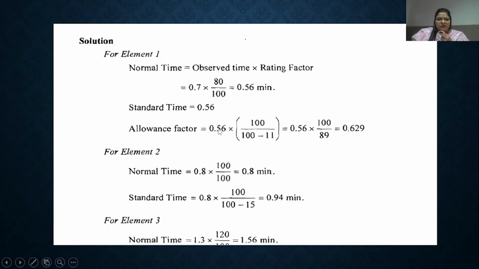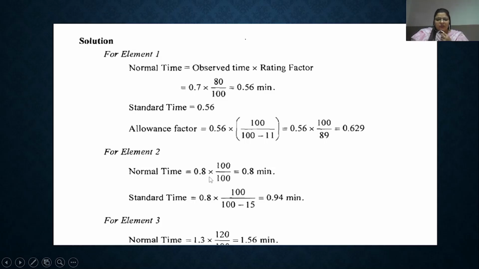Now, the allowance factor. For the allowance factor we use 0.56 multiplied by 100 upon 100 minus 11. So the allowance factor gives 0.629. Next is the normal time for element 2. As with element 1, we will calculate the element 2 timing.